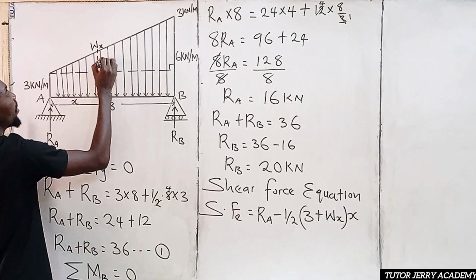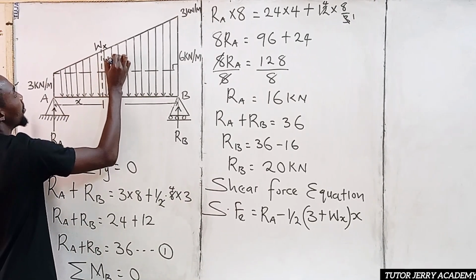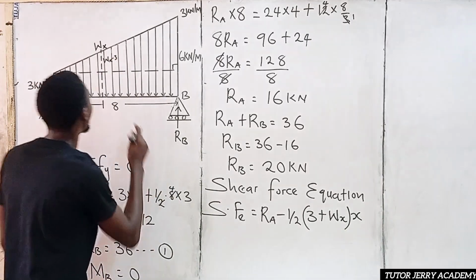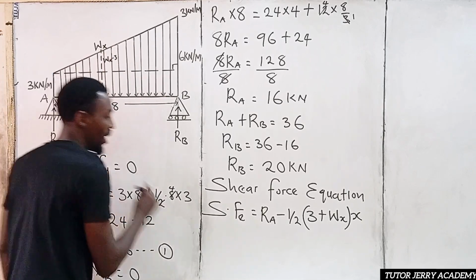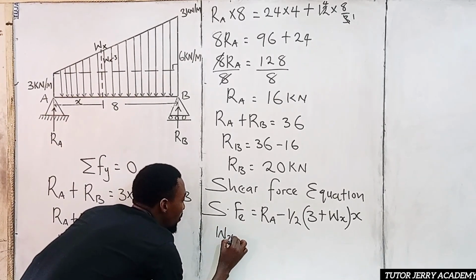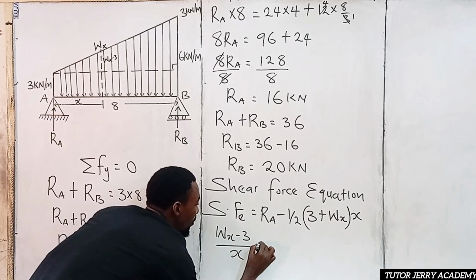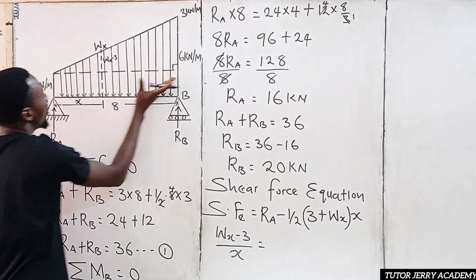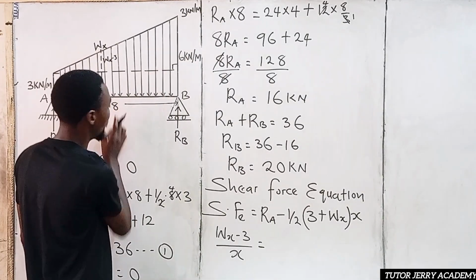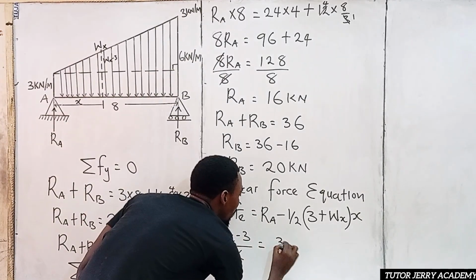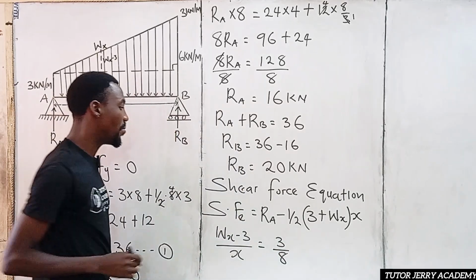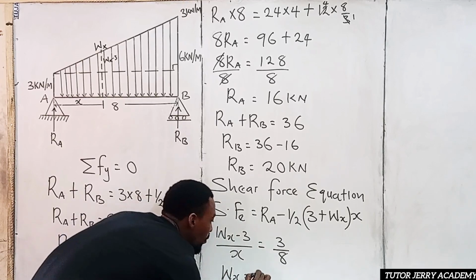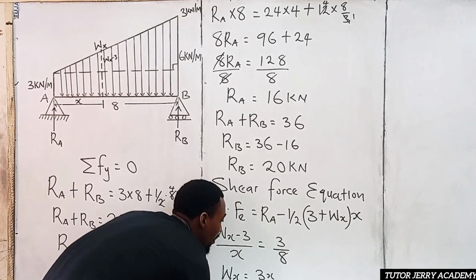So from the similar triangles, WS minus 3 all over S is equal to 3 all over the total length, which is 8. So if we make WS the subject, WS will be equal to 3S all over 8 plus 3.